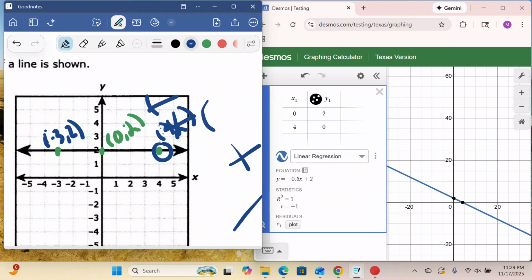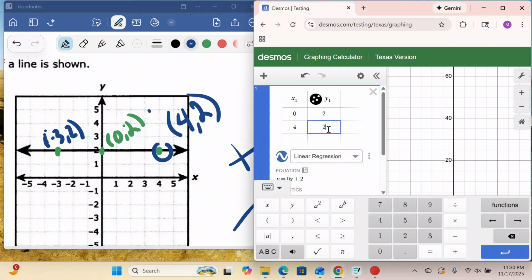My bad. Okay, I figured out where my mistake was. I was trying to put 0 there. No wonder it was wrong. So let me go back. This is 4, 2. So that was a mistake. I was supposed to put 4, 2.